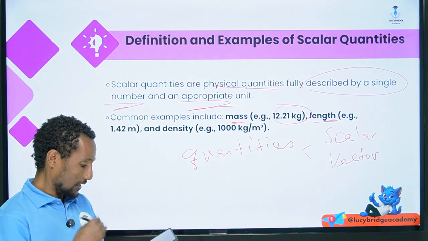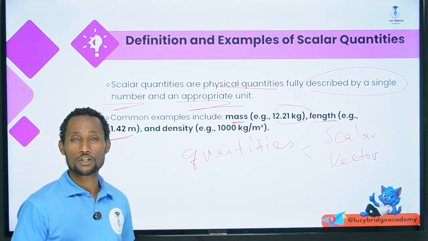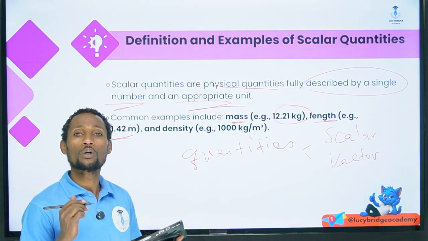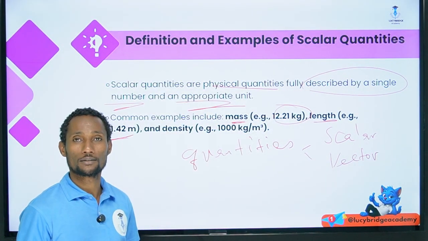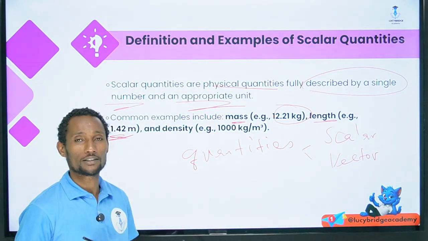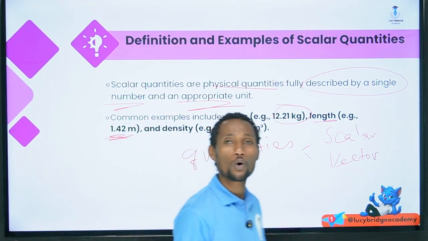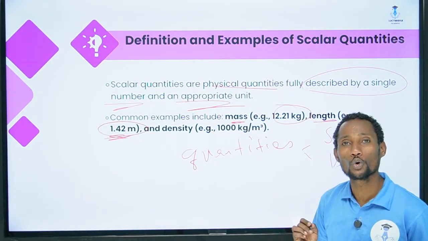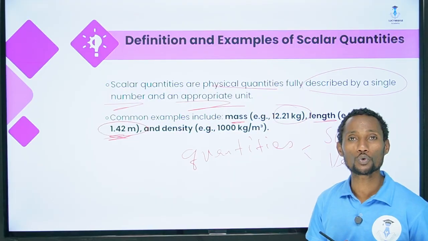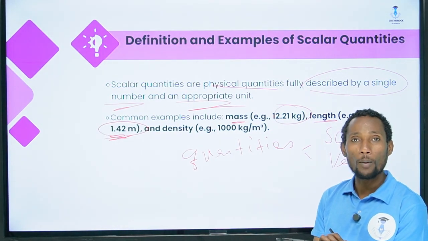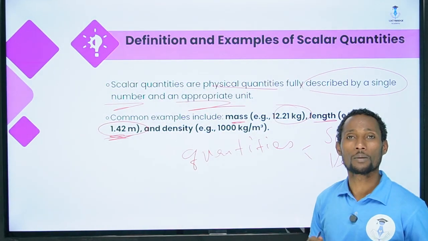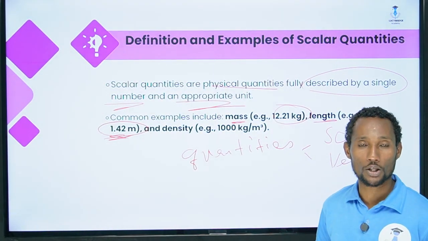Length. So in such a way, for example, here the length is measured as 1.42 meter. When we have 1.42 meter here, 1.42 is the quantity or the number, whereas the meter is the unit of measurement.